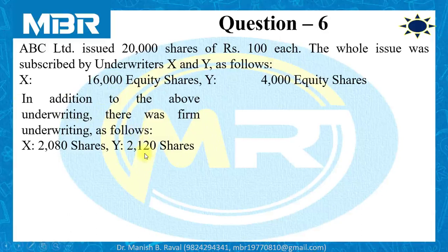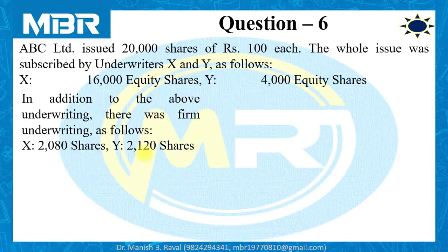I would like to explain this particular paragraph. Here, underwriter X has given firm underwriting for 2080 shares, and Y would like to purchase 2120 confirmed shares from ABC Limited.